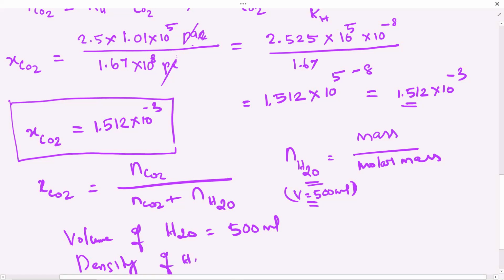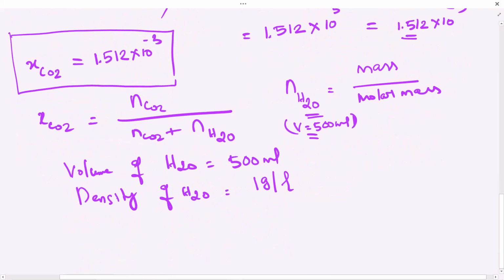Density of H2O, what is it? That is 1 gram per milliliter. We can use the volume density relationship here. Density is equal to mass by volume.